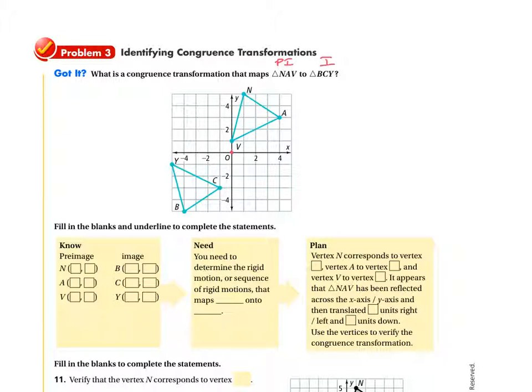So if I did that, I know that N corresponds to what letter on the other triangle? B. So I would want to look at N and B. So I would want to connect a line from N to V, and then from V to B. Does that look like a 90 or a 180 degree rotation or anything like that?